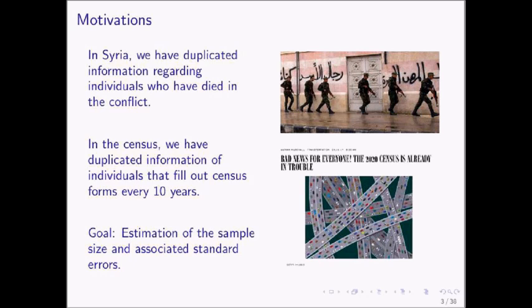Or, for example, college students are counted by the school they're attending, but their parents also count them on their census form. How do you account for these duplication discrepancies in order to accurately reflect the population size for a census year? The real goal is estimation of the population size and associated standard errors.